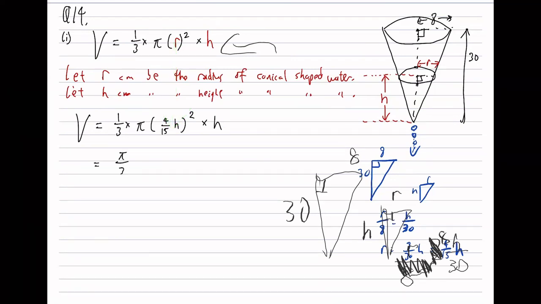So it's pi over 3 times 4 squared is 16, 15 squared is 225, h squared times h. So we get h cubed, 16 over 225 with a third. I need a calculator for this. 16 over 675 pi h cubed. Is that okay? Yes, in terms of h. Good. Part 2.